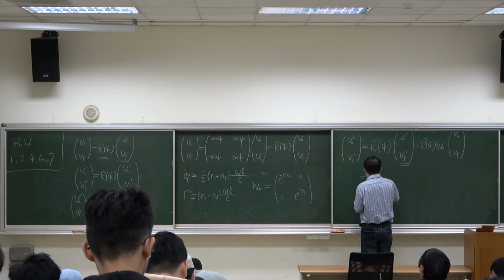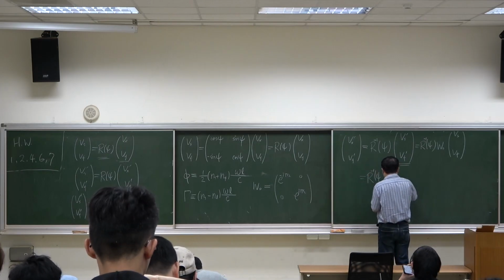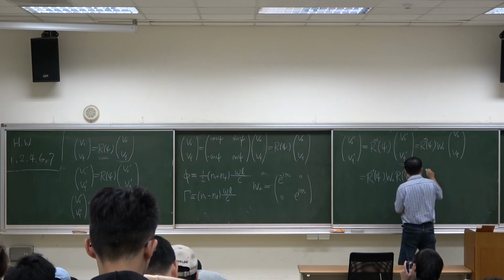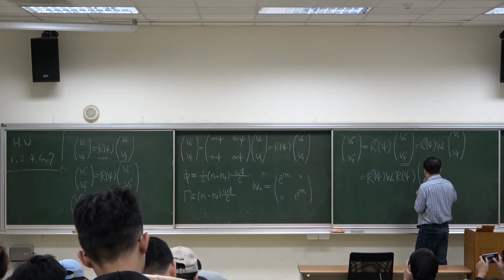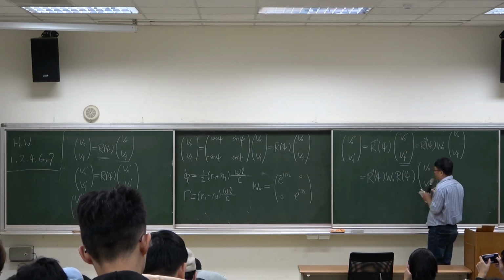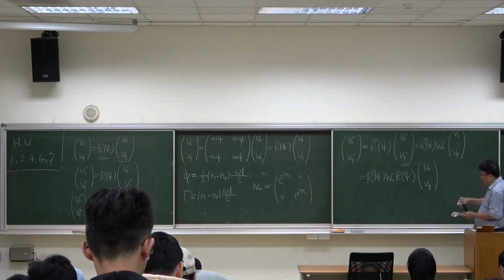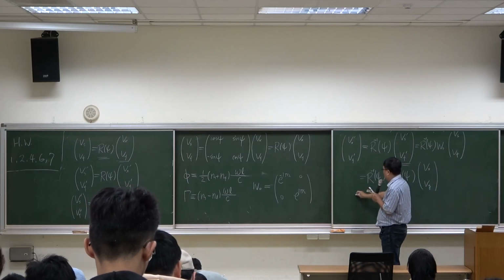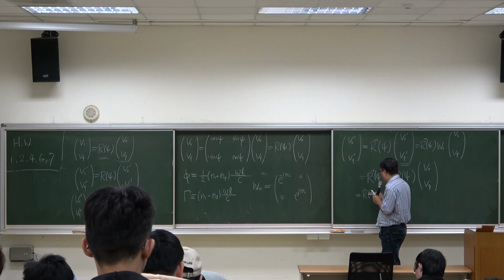So this is R inverse psi W0 R psi times Vx, Vy. Okay? And I have already told you that the inverse of R psi is just R minus psi.